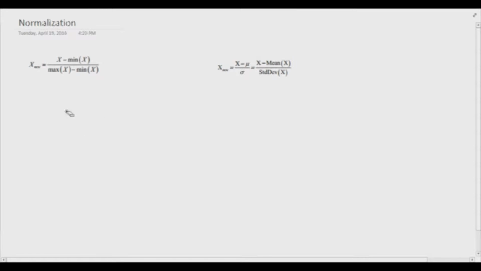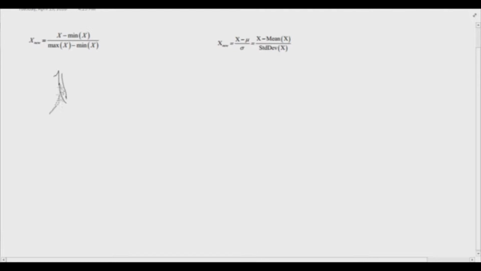Let me give you an example. Let's say we wanted to do 3 dimensions. So say this is sweetness, this is crunchiness, and these range from 1 to 10. And then we have heat, which goes from 1 to 10 to the power of 10.